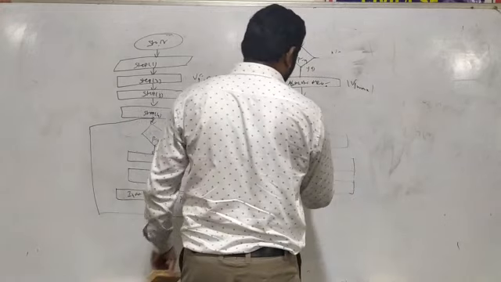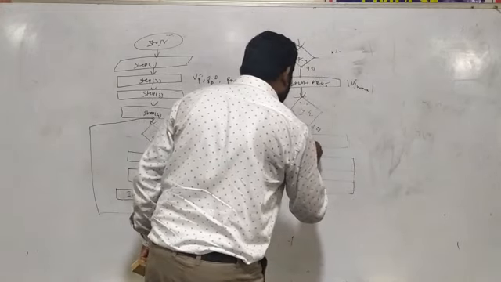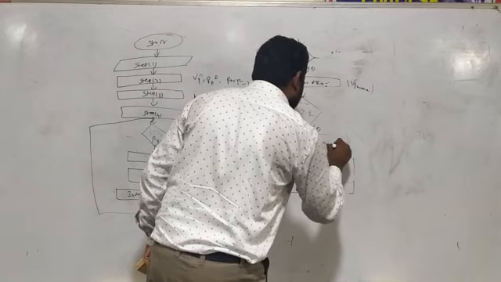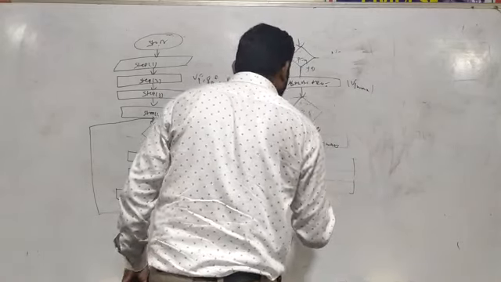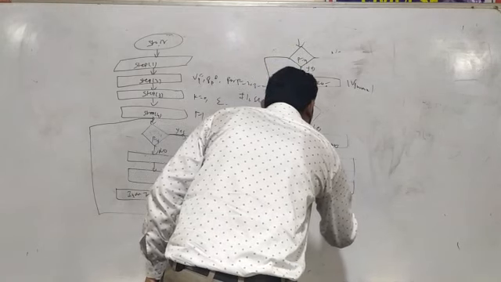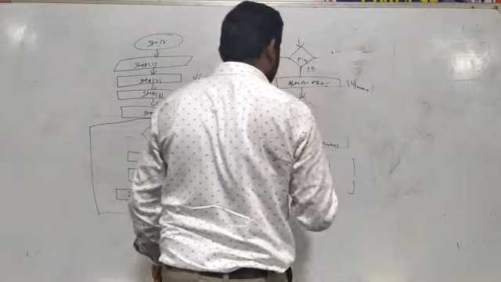In the first step, we have to calculate the Jacobian elements. And in the next step, we have to calculate the correction terms, that is delta P and delta Vp.